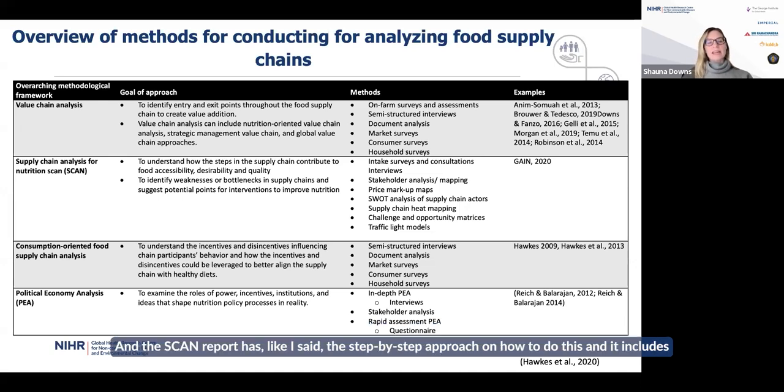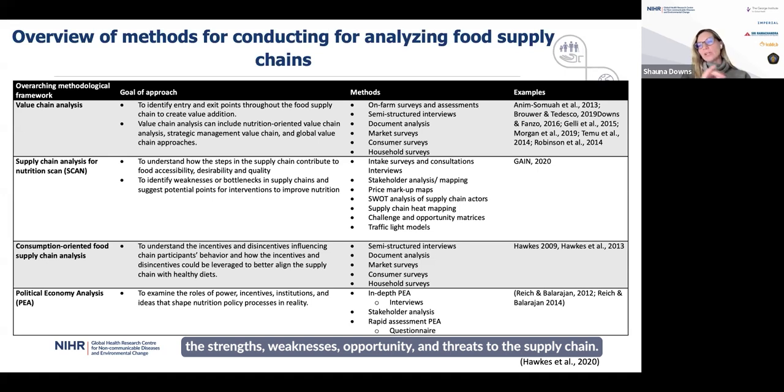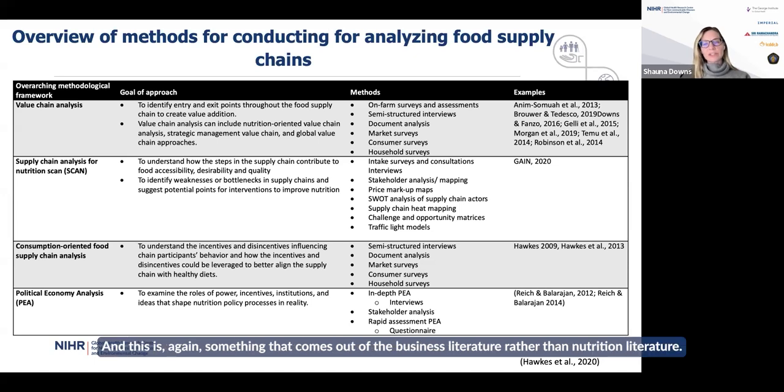And the SCAN report has, like I said, the step-by-step approach on how to do this, and it includes various different methods, including doing intake surveys and consultation interviews, doing stakeholder analysis, price markup maps, doing SWOT analysis. So what are the strengths, weaknesses, opportunities, and threats to the supply chain? And this is, again, something that comes out of the business literature rather than nutrition literature.